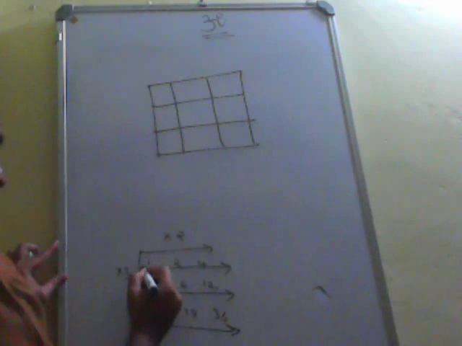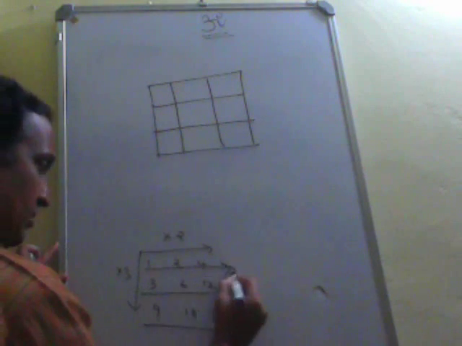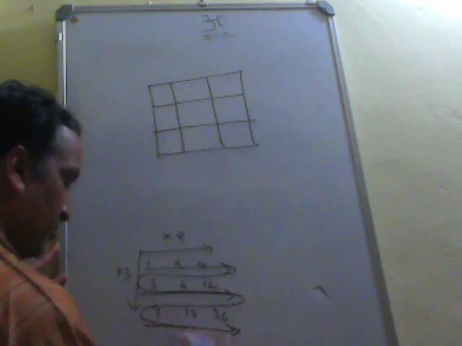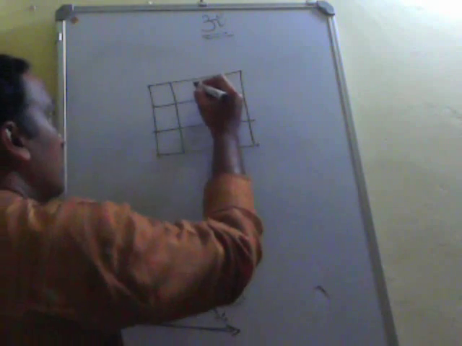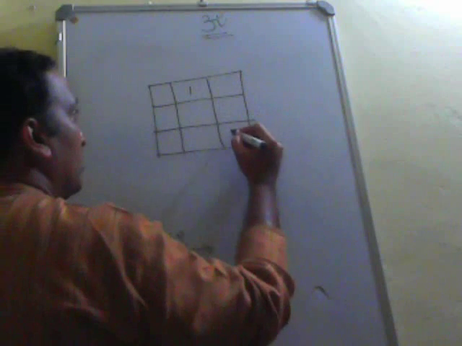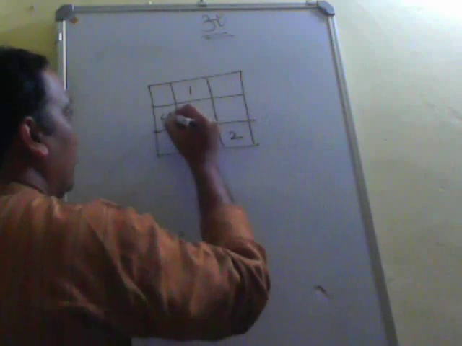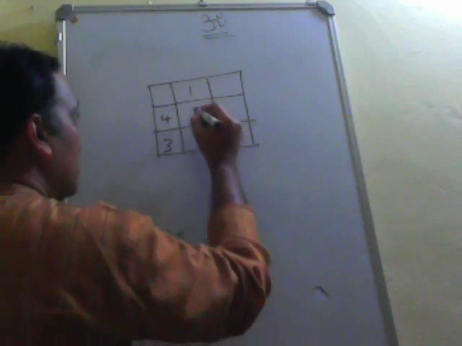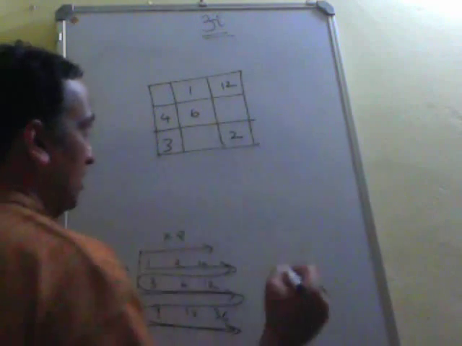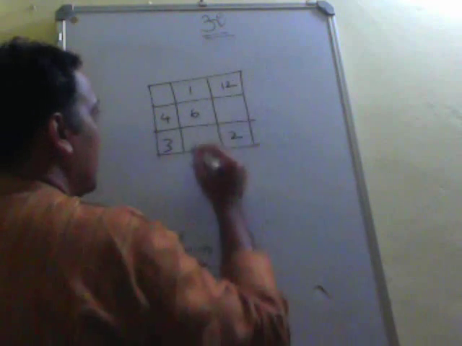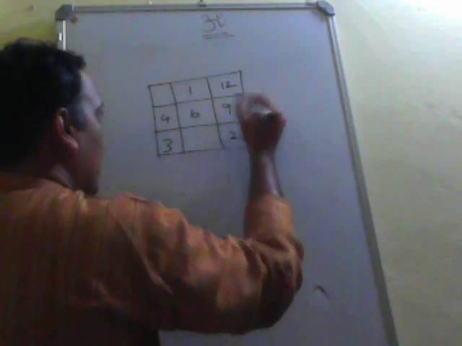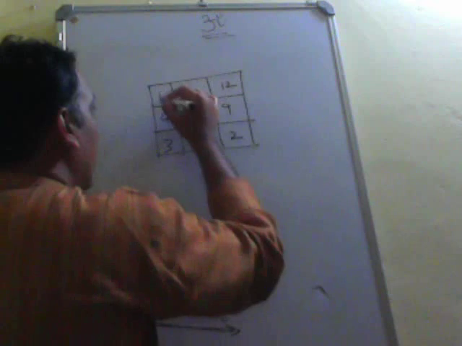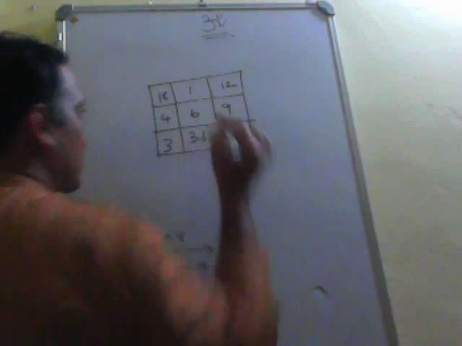But you must start like this, 1 and then come here, go to this, come here, go to this. So here it is 1, 2, 4, 3, 6, 12. Then after 12 it is here 9, 18, 36.